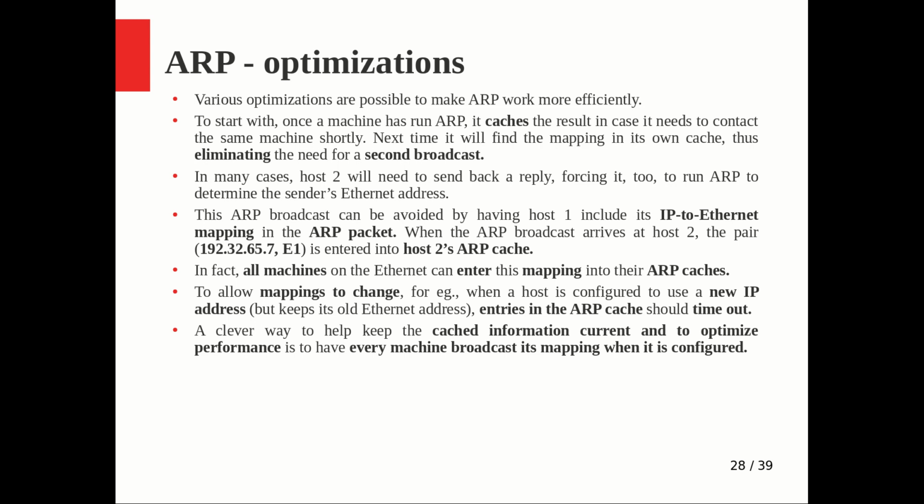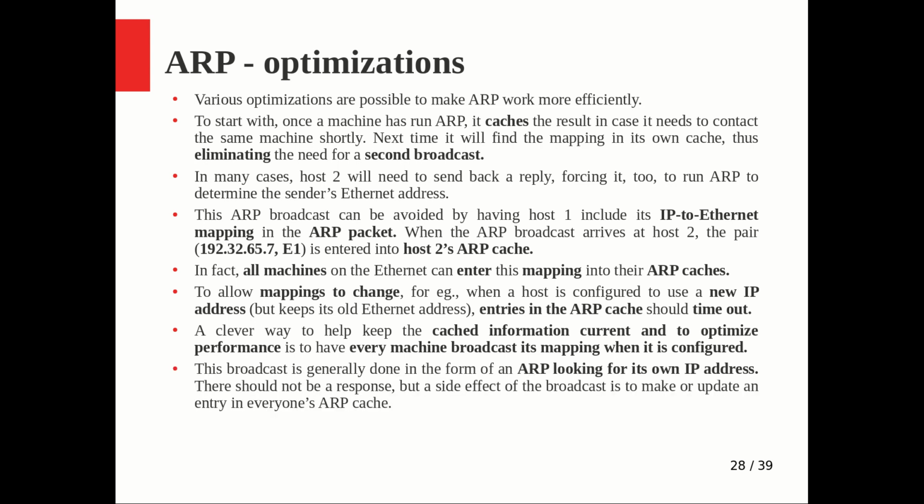So whenever the machine is configured with a new IP address or some change in its address, it can just send an ARP broadcast. Actually, it is not for a purpose, just to inform others that the information changed, that's all. So it is sending an ARP broadcast without expecting any reply, of course, for informing the configuration update, right? So whenever there is some update to the IP address, it will be informed to others this way.